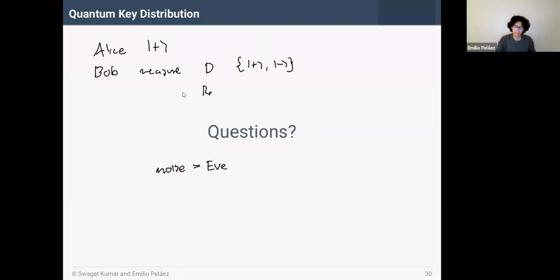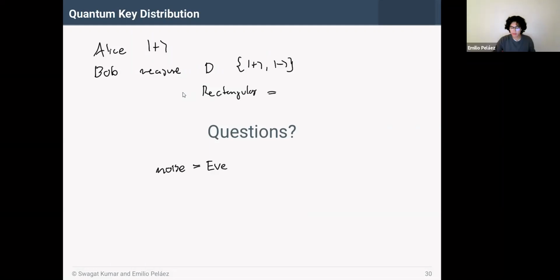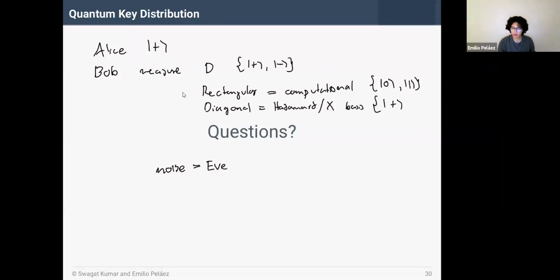The rectangular basis is just the computational basis, which is 0 and 1, and the diagonal basis is just the Hadamard basis, or it is also called the X basis, which is the plus-minus.